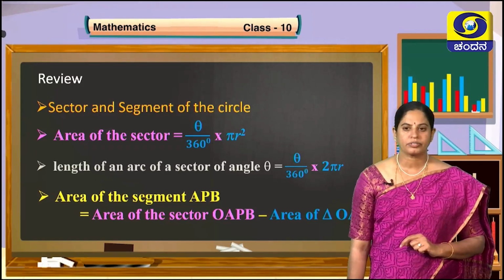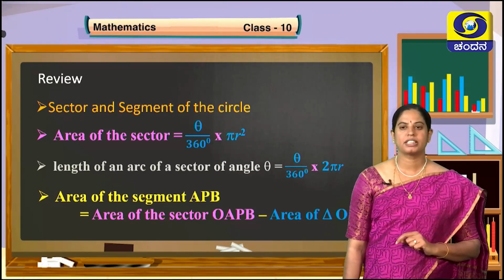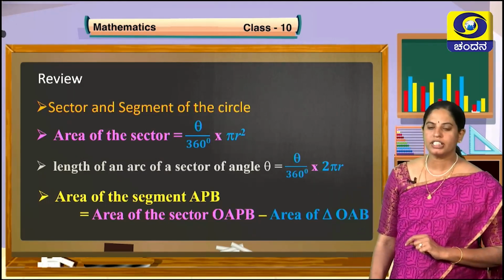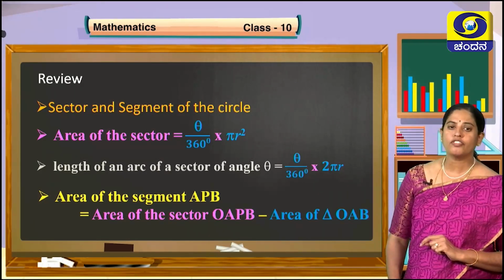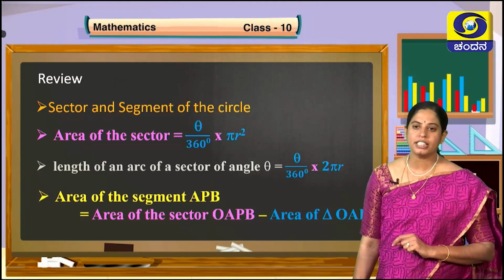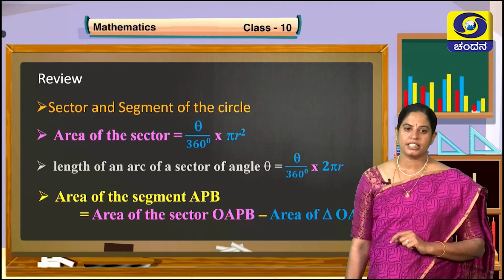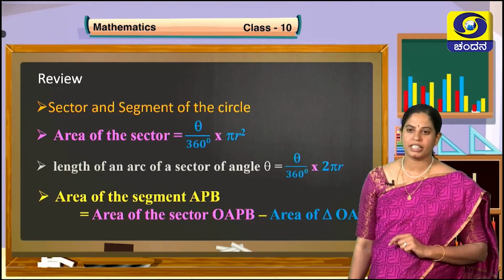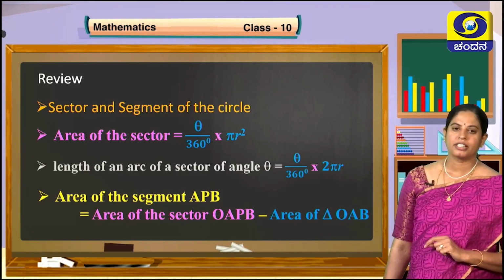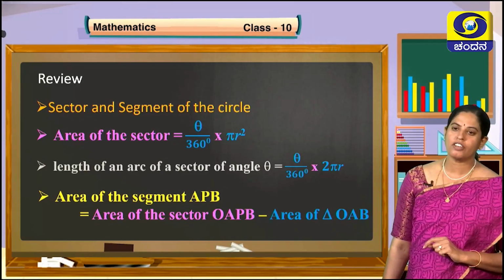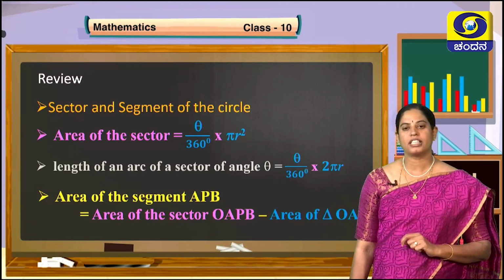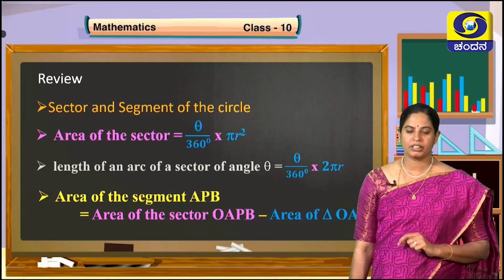We know with the help of the sector of the circle and the area of the circle, we can also find the area of the segment in the sector, that is, area of the segment APB is calculated by subtracting the area of triangle AOB from the area of the sector OAPB.